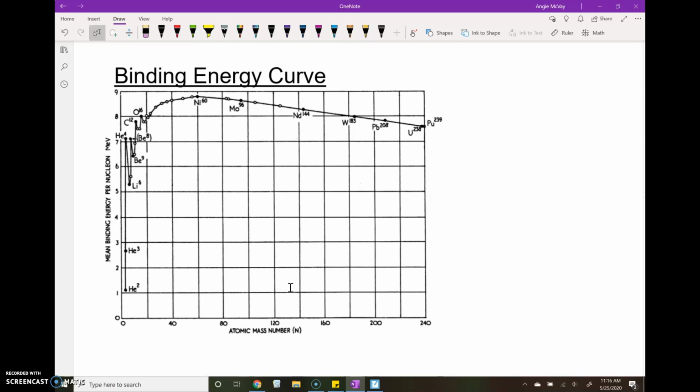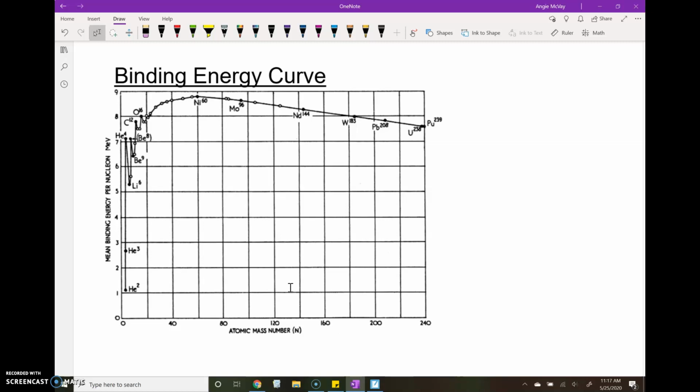Okay, so what we're seeing here is the amount of energy that binds a nucleus together. It's called binding energy. Not only do nuclei want to be stable, but we see that a certain amount of energy is required to hold a nucleus together, and as a result, a certain amount of energy is required to rip it apart.